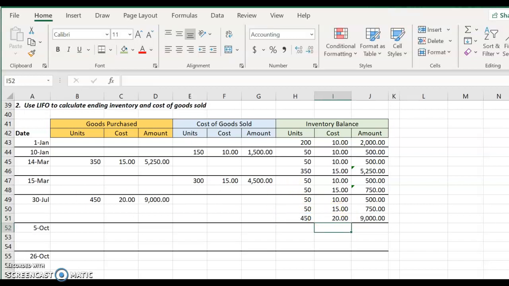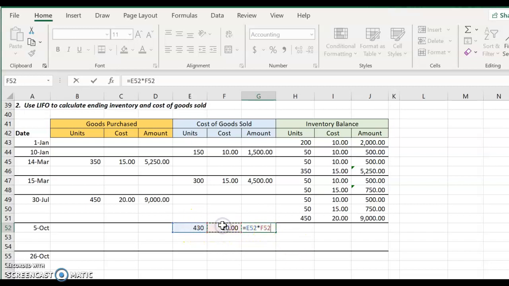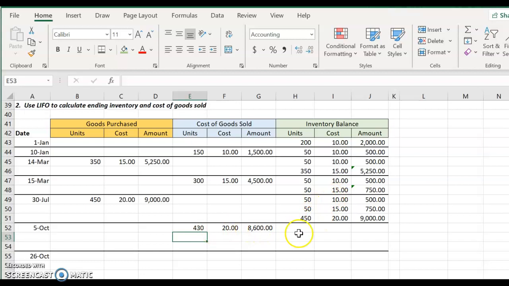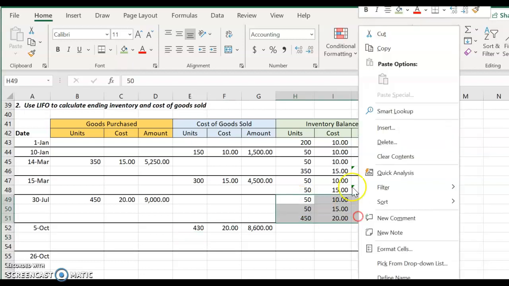And the sale on October 5th, we sell 430. That's all going to come out of that last group because we had 450 there. And so then what do I have left in my inventory? I still have the 50. I still have all of that, right? I'm just going to copy all of this down.